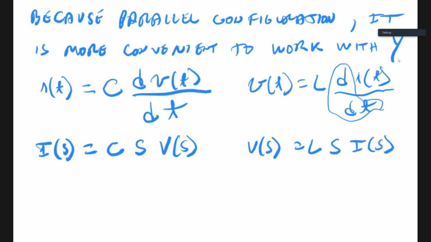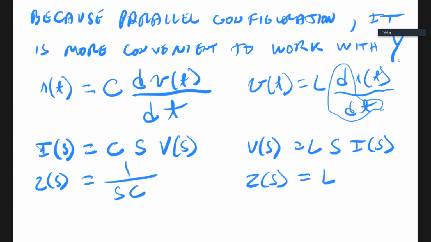So if we want the Laplace impedance, that would be V of S over I of S. So for the capacitor, Z of S would be 1 over SC, and for the inductor, Z of S would be L times S, and then the admittance is the reciprocal of that.